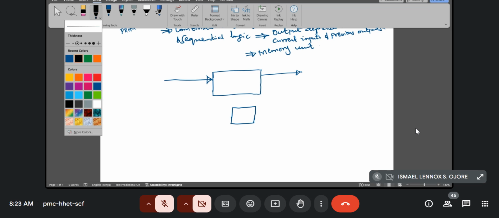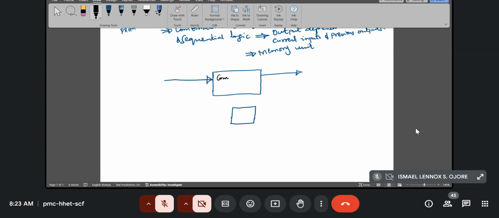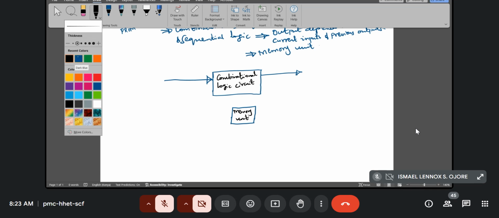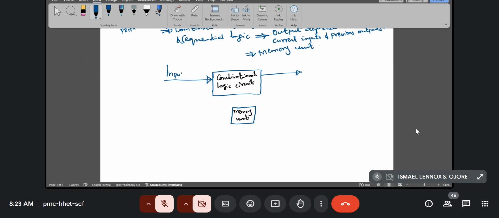This is our combinational logic circuit, whereas this is our memory unit. And for digital systems, the basic memory unit is a flip-flop. So we have inputs and outputs. That is for a combinational logic circuit.